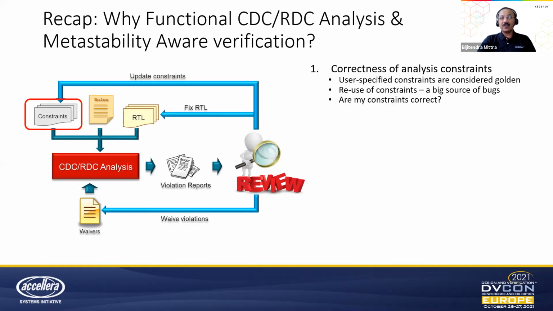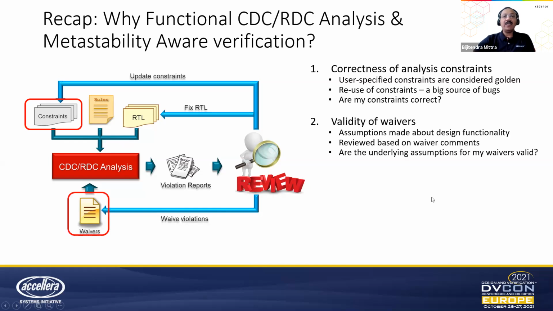First is, of course, correctness of analysis constraints. Today the user would provide a set of constraints which are used for the CDC RDC analysis, but we don't really validate whether those constraints are correct. They're considered golden. So the question remains: are my constraints correct? The second thing is validity of waivers. Typically when we waive a violation, we have an assumption about some design functionality.